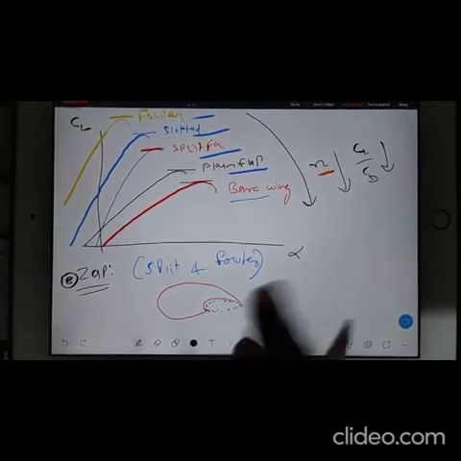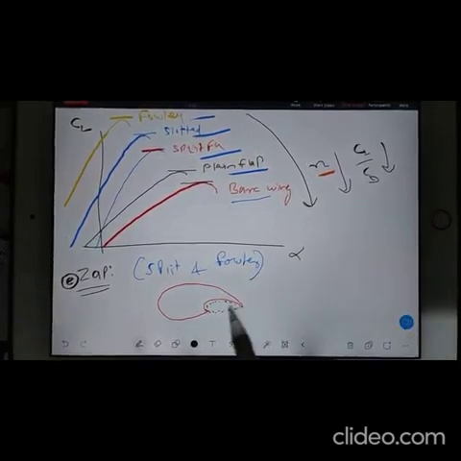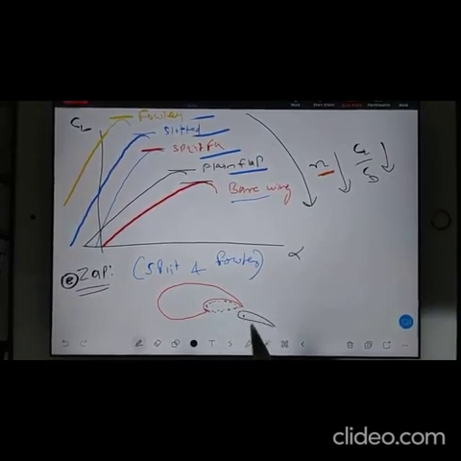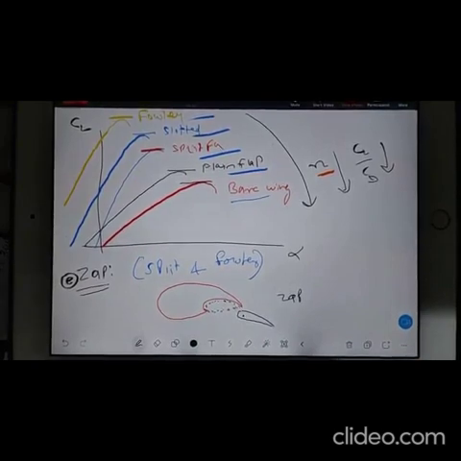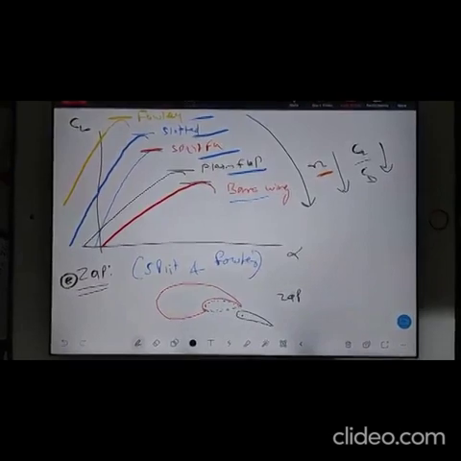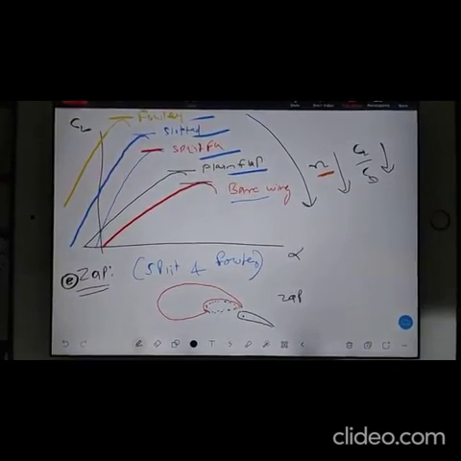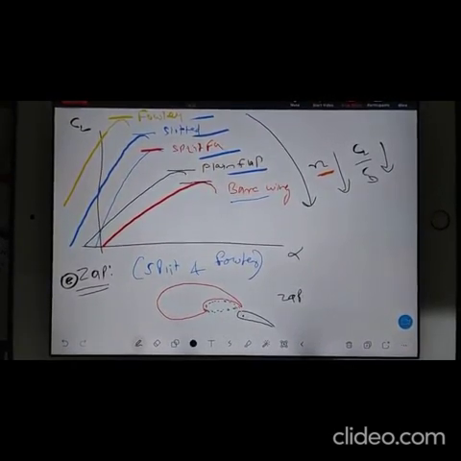First it will fowler from this location, then it will split. So split and fowler like this. This is your zap flap. So these are things about the flaps.